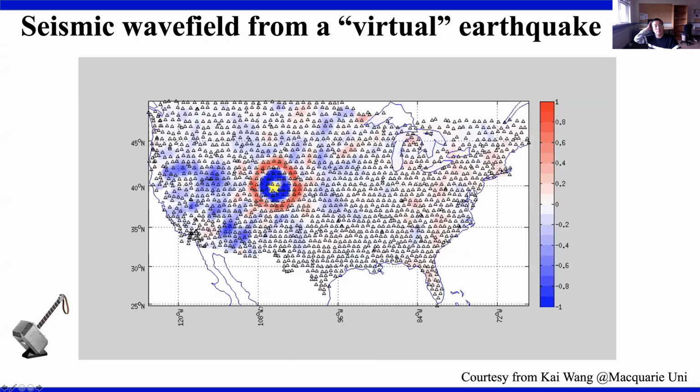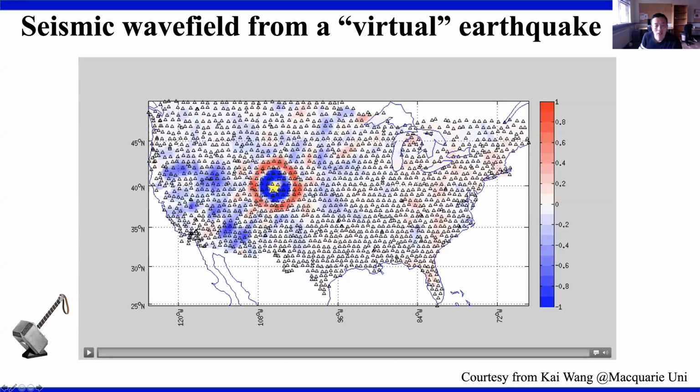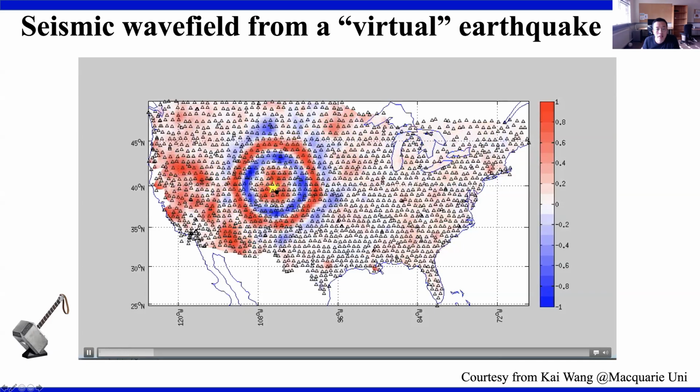Another powerful aspect of this technique is that you turn every receiver into a source, right? I think this is a good cartoon animation to show what it looks like, cross-correlating one permanent station in Colorado with the rest of the continental array called USArray, where each triangle is a seismometer. By cross-correlating that, you can generate a kind of virtual earthquake here, right?